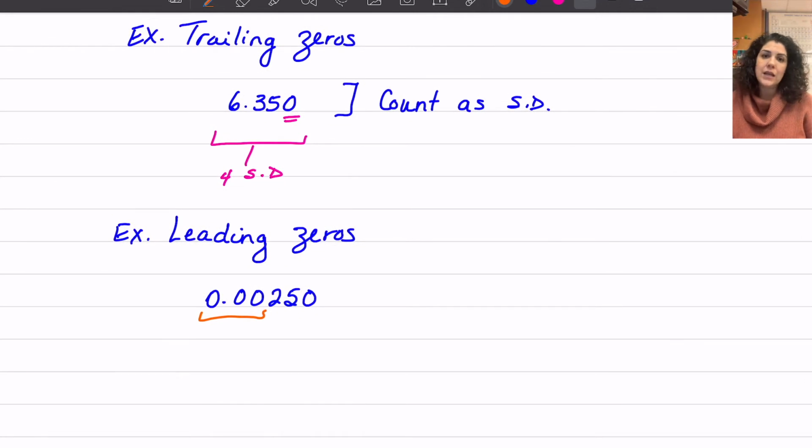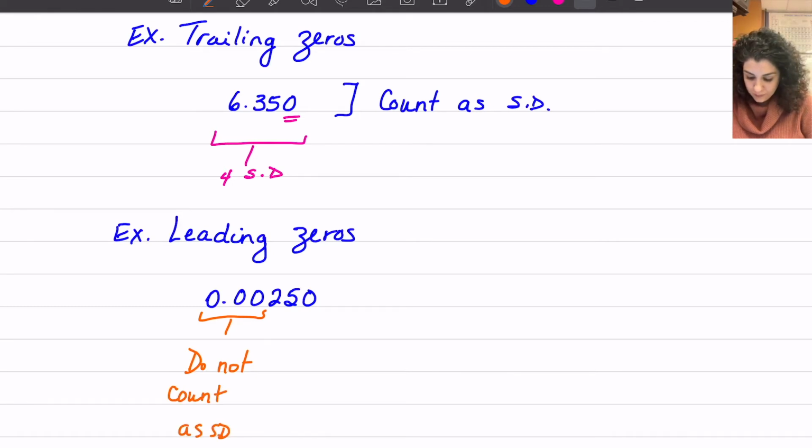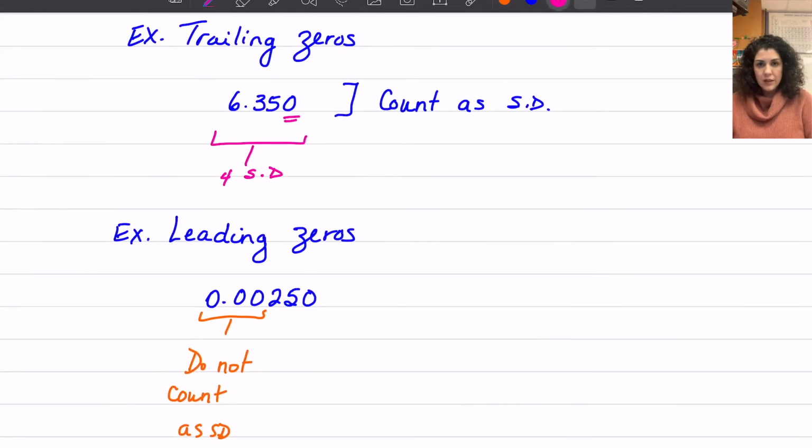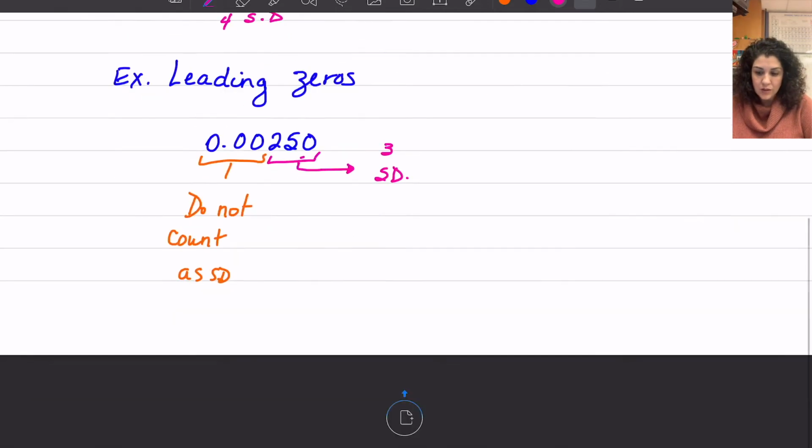They're just indicating that I'm dealing with a decimal. And so these guys, they don't count as significant digits. Whereas the other 3 digits, 2, 5, and the trailing 0, they do count. And so here I have a number that has 3 significant digits.